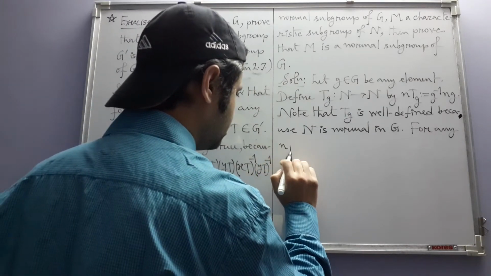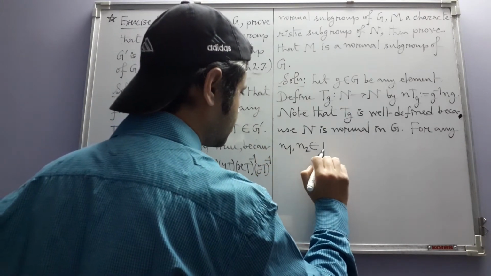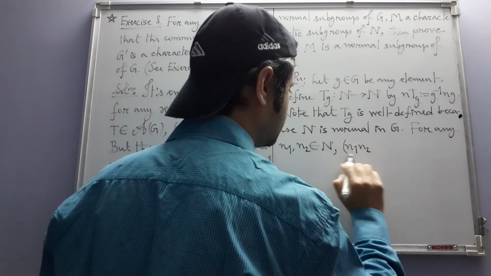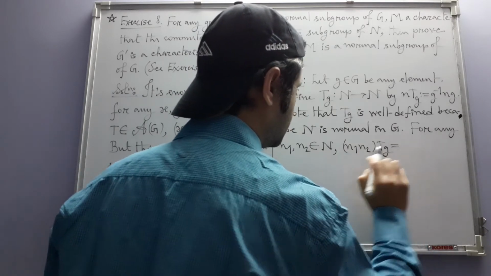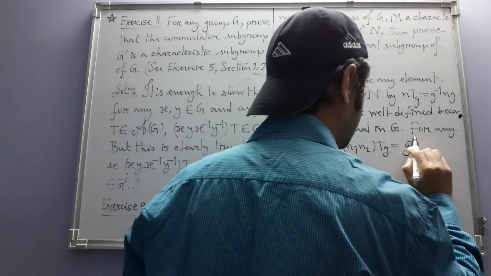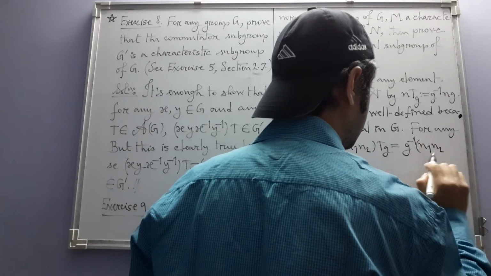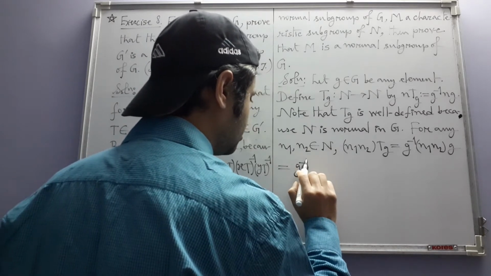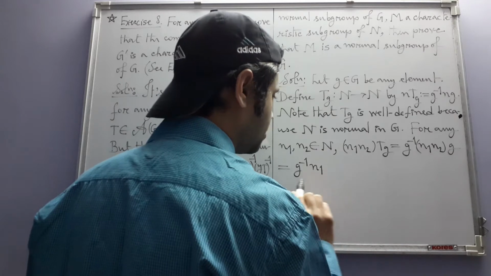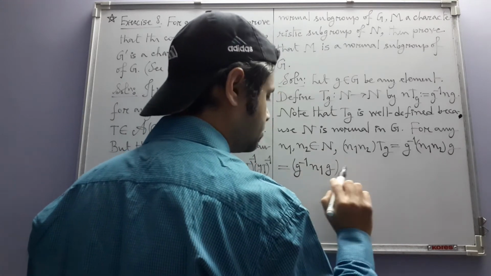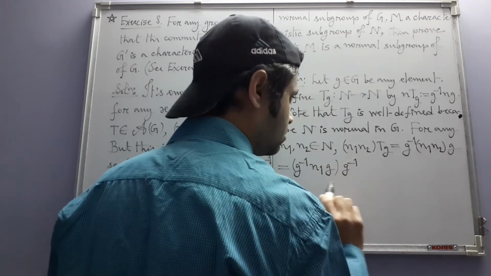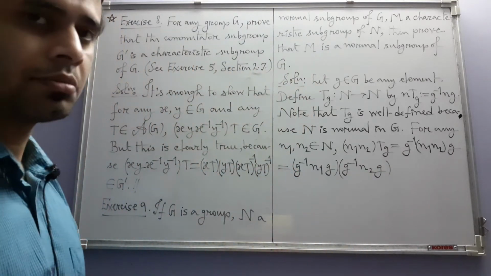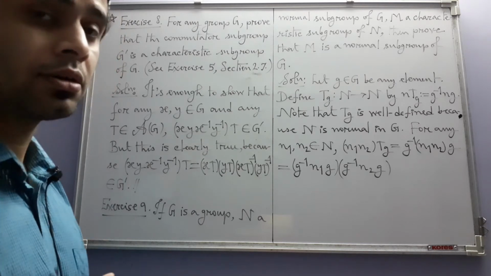For any two elements N1 and N2 belonging to N, we have (N1 N2)Tg equal to g inverse N1 N2 g, and this can be written as... we have already gone through this type of manipulations in that place where we did some calculations involving the inner automorphism group.